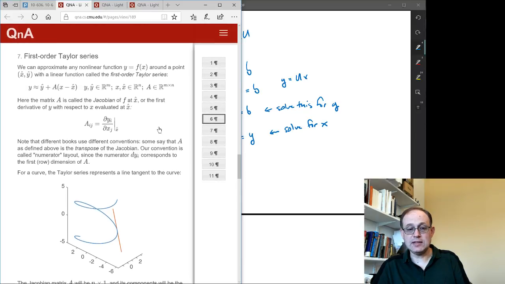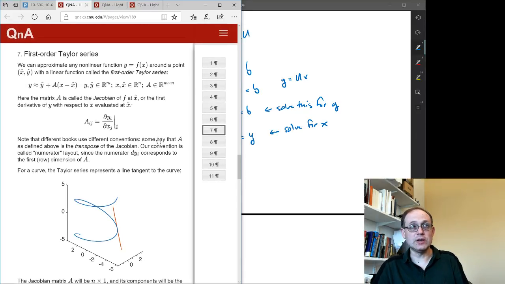All right, a good way to think about derivatives is with Taylor series. If we have a function f and a point x hat, with y hat equal to f of x hat, then we can approximate f around x hat with the first order Taylor series, which is a linear function. So y is approximately equal to y hat plus A times x minus x hat.